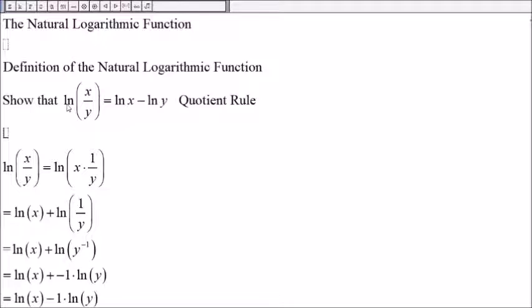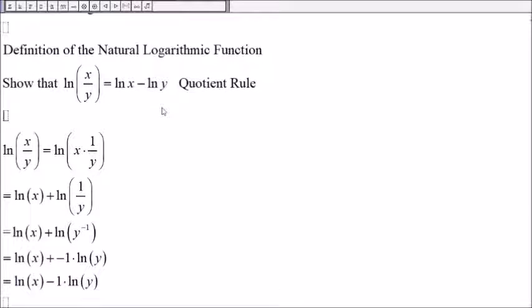And so we'd like to show that the natural log of x divided by y is the same as ln x minus ln y. So we rewrite x divided by y as x times 1 over y. And so now we have the natural log of a product, and we have just found that the natural log of a product is the same as the sum of the natural logs. So this is the same as ln of x plus ln of 1 over y. But 1 over y is the same as y to the negative 1.